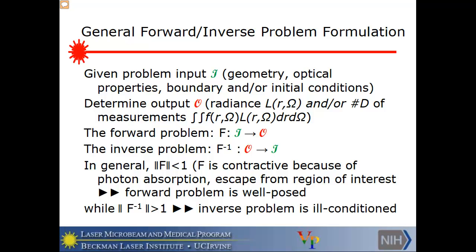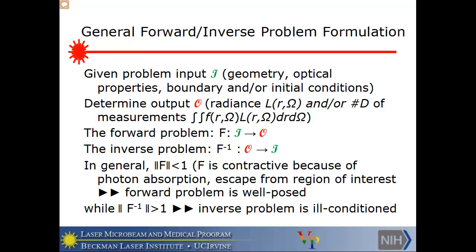And the statement that the forward problem is well posed comes from the fact that the norm, in some sense, of the forward problem is less than 1. You should interpret that in this way. Since we have absorption in light transport, and we don't have any generation of light other than, say, fluorescence, which we're not counting here. In a single transport equation, you have absorption, you have scattering.